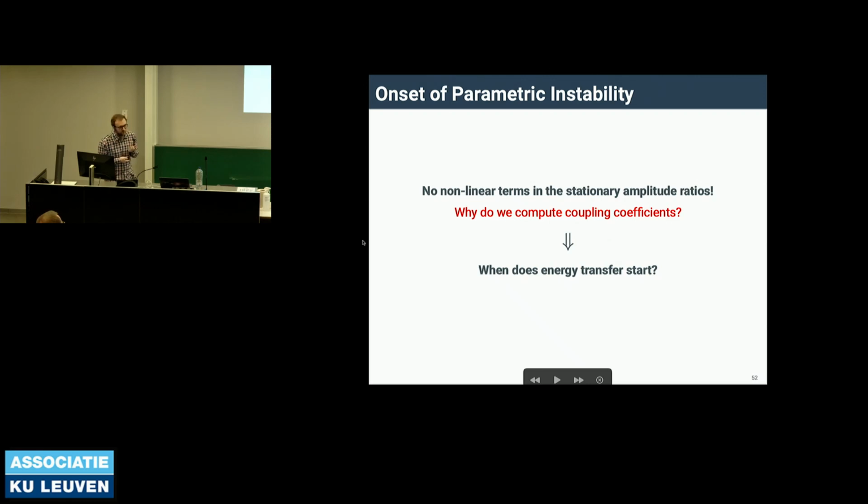You can also ask a different question, and that will give you a different reason why we compute mode coupling coefficients. Namely, when does this mode energy transfer start? When does the mode coupling start? To analyze that, we can make an approximation that during the initial phase of mode energy transfer, the amplitude of the parent mode stays constant.